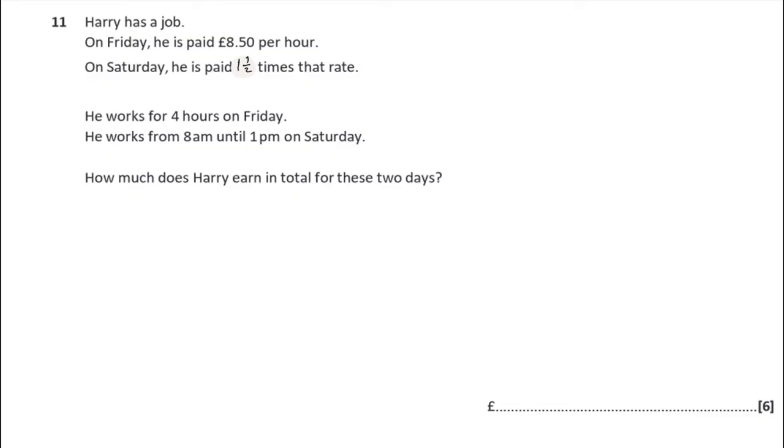Okay, so this is going to be a calculation in 2 steps. I'm going to work out Friday's amount first. So on Friday, his wages, his earnings, are going to be the number of hours he worked, which was 4, times his pay rate, which was £8.50, wasn't it?